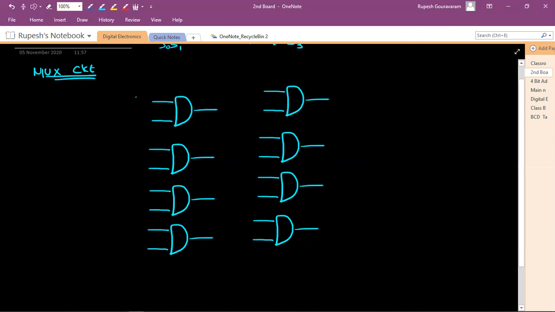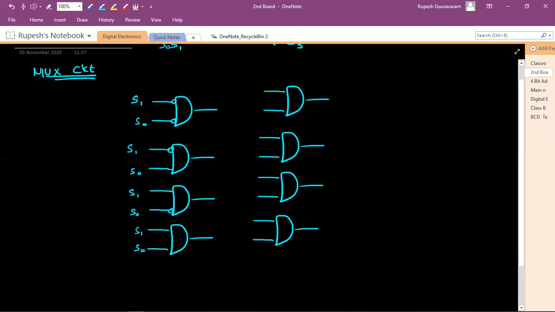Let us take the select inputs, that is S1, S0, S1, S0, S1, S0, and here the last one S1, S0. If both S1 and S0 are 0, then we'll represent it like this. Then S1 is 0, S0 is 1, then S1 is 1 and S0 is 0, and both are 1. So these are the select inputs.